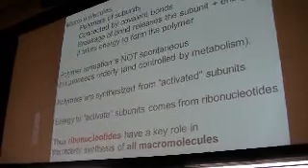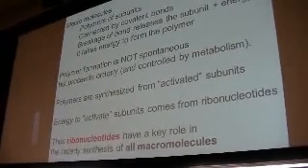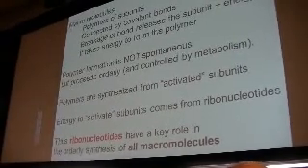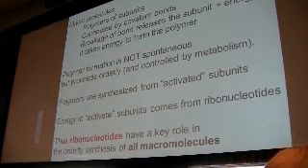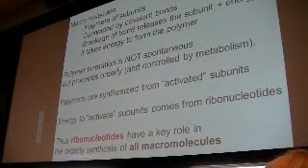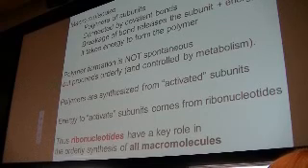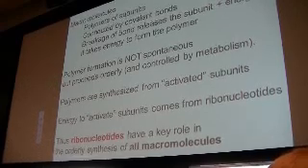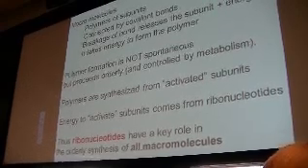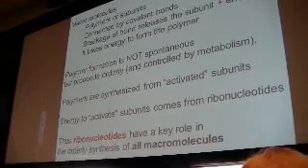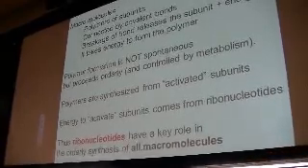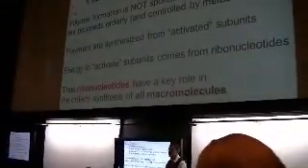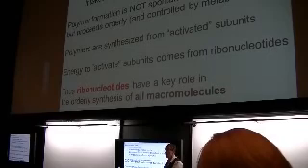This is one reason why many scientists, including me, think that it is likely that early in the evolution of cells, a lot of processes were controlled by RNA and its subunits. We'll get back to that. Now, the most important ribonucleotide that serves as the ultimate energy source for the activation of our subunits to form macromolecules is ATP.